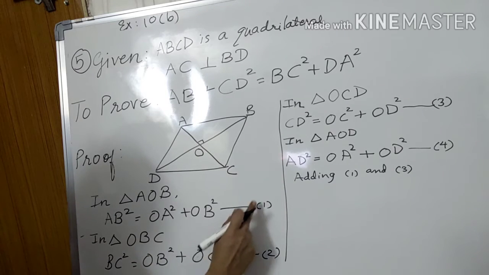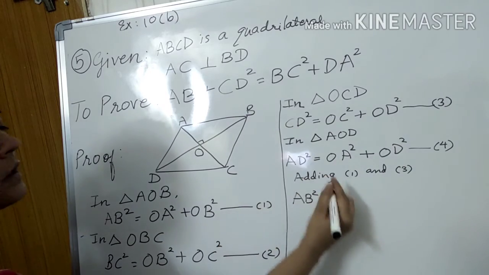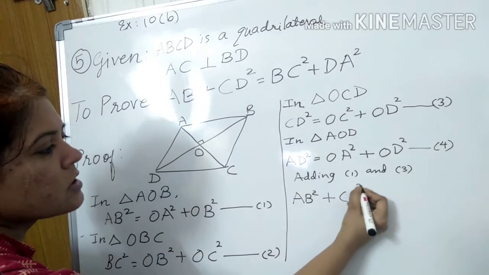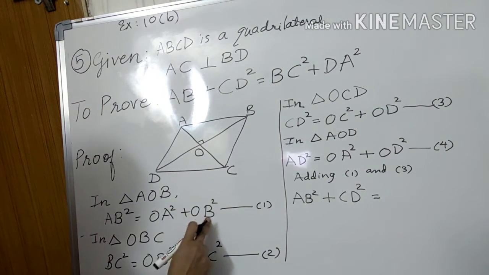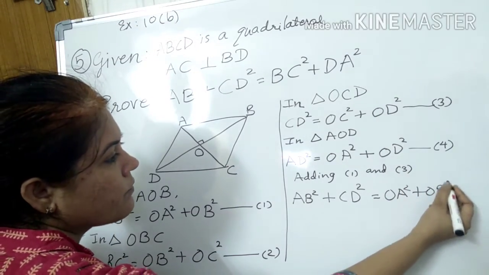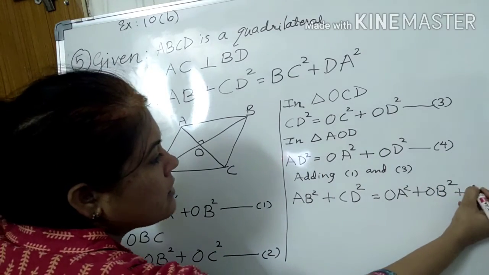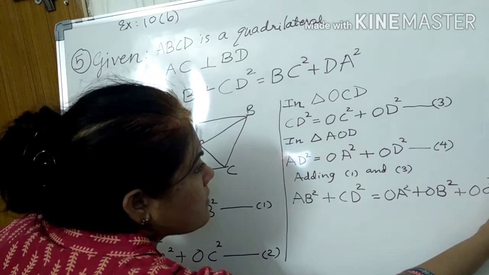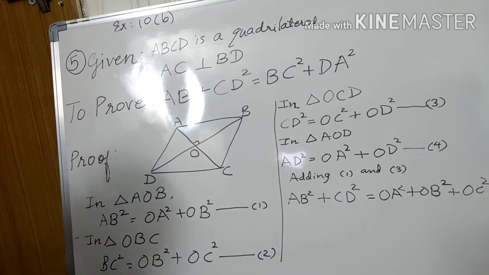So result number 1 on left hand side AB square, and result number 3 left hand side CD square, which is to be added, is equal to right hand side of first result is OA square plus OB square, and result number 3 right hand side is OC square plus OD square, like this. Now, by adding 1 and 3, we get this result.